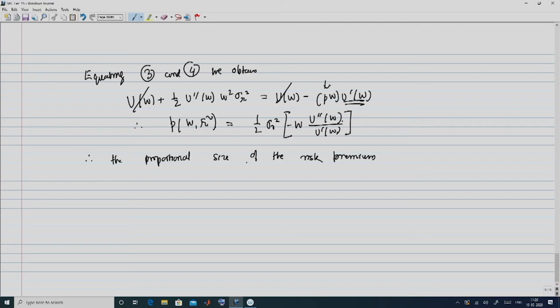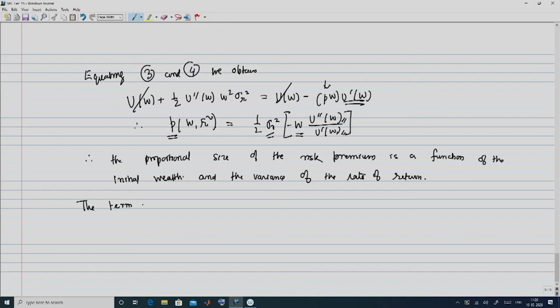This proportional size here means p is a function of the initial wealth, that means p is a function of the initial wealth w here, and of course, these two terms involving initial wealth and this term. So, accordingly we write, and the variance of the rate of return.